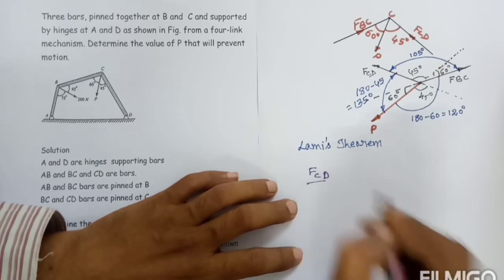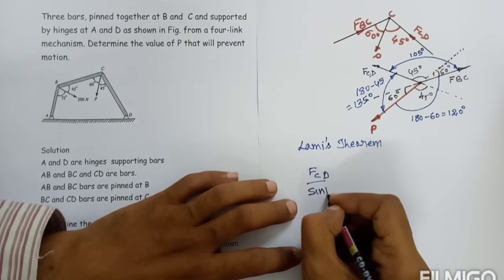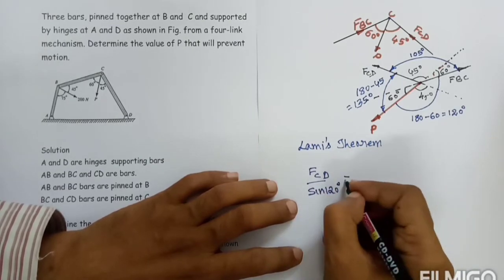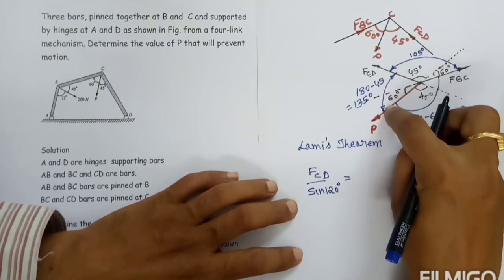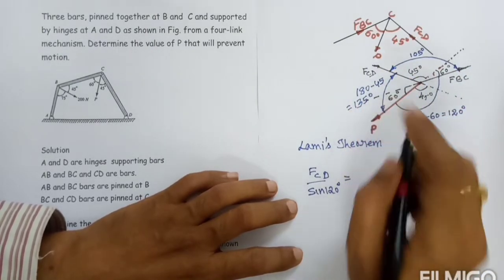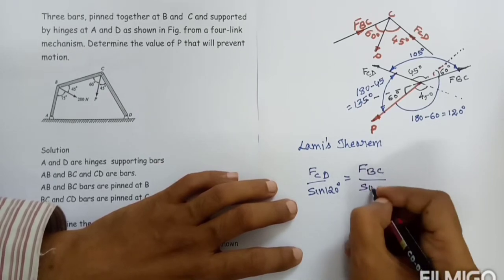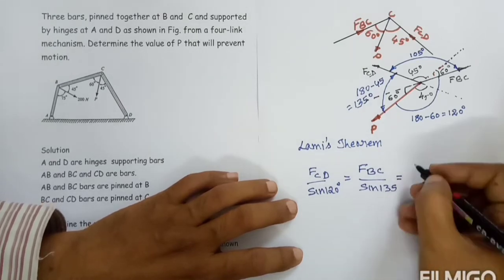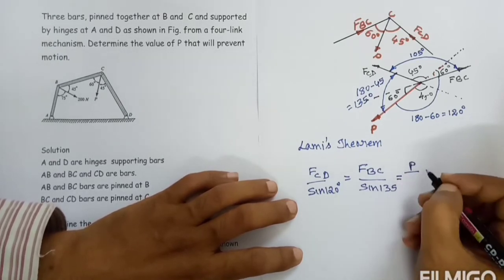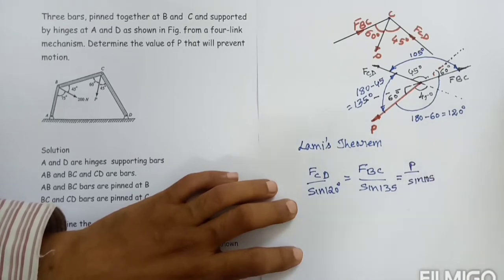FCD by the sine of the opposite angle, sin 120, is equal to FBC by sin 135, is equal to P by sin 105.